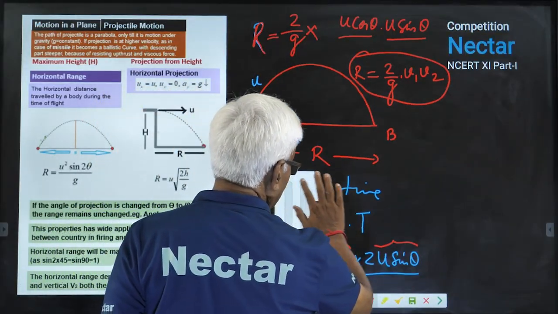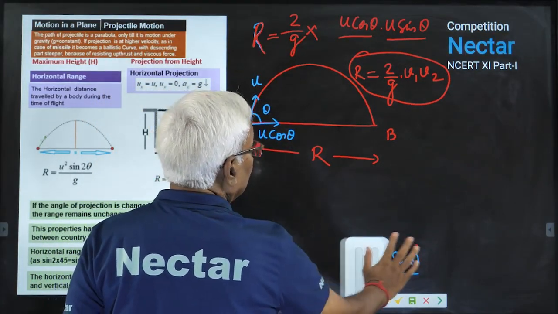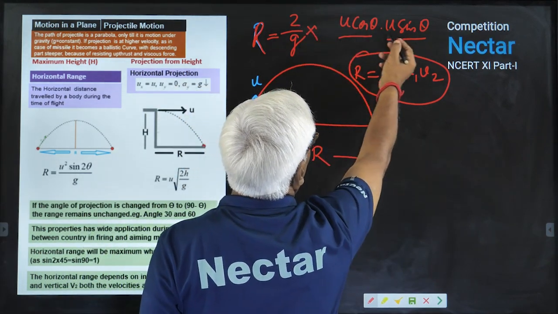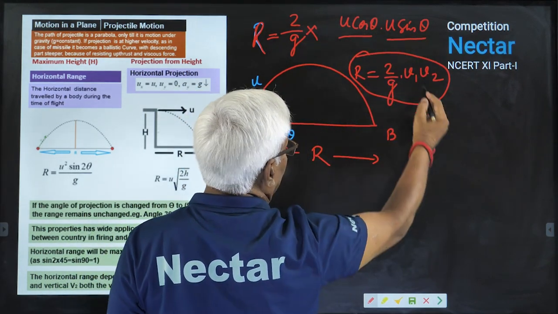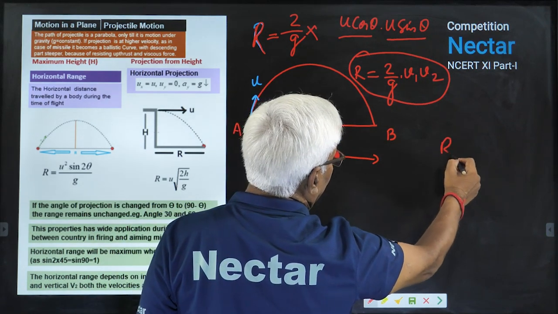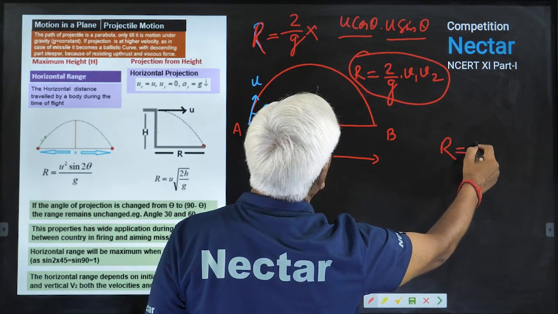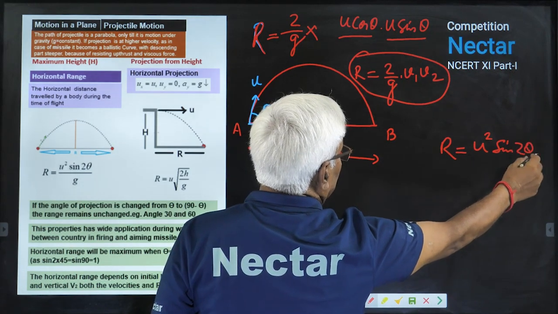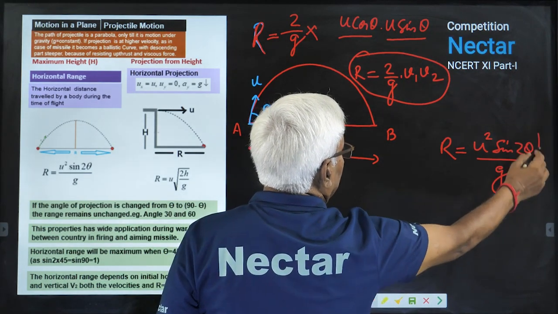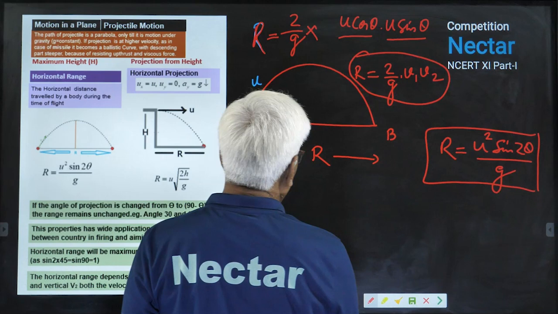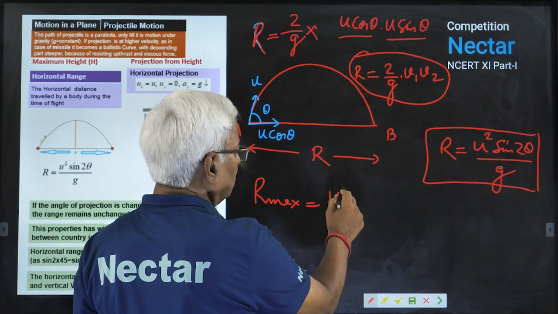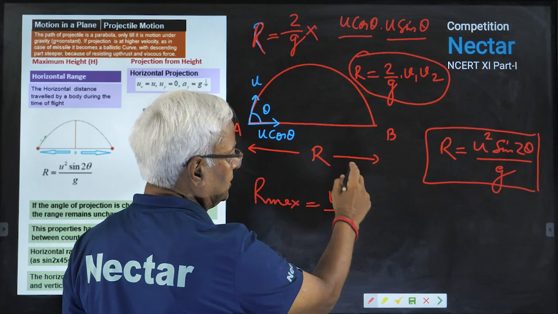One very interesting and special case is considered here, because you see 2 sine theta cos theta could be written as sine 2 theta, so it becomes u squared sine 2 theta upon g. In order to find the maximum range, you are not going to change u and g.